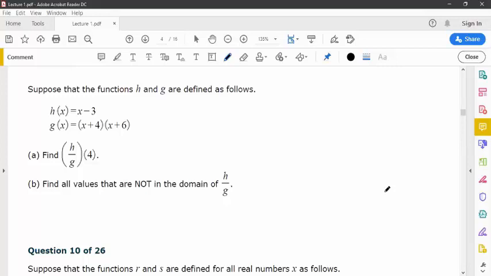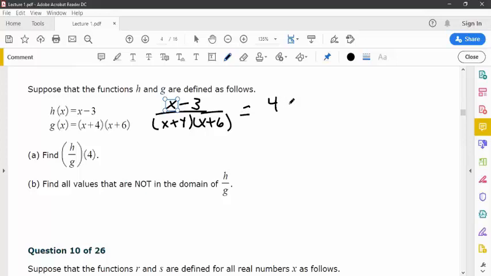So that means we'll make it x minus 3 over x plus 4 times x plus 6. And just as we did in the last problem, now we can substitute the 4 in for the x in both functions.